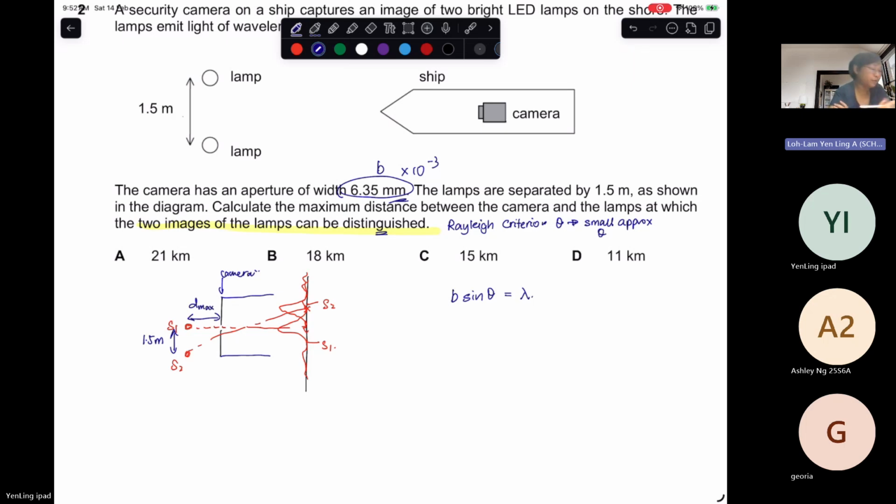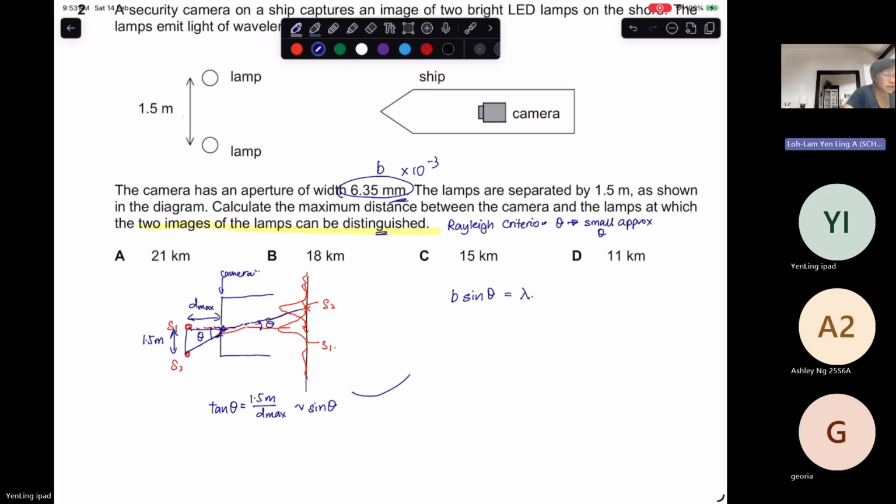What can we find from here? This is where your slit is. We can work out this particular theta, my drawing is not very good. If we look at this triangle, we can use tangent theta, opposite over adjacent, so it's 1.5 meter divided by D max. But if it is small angle, this is also approximately sine theta.